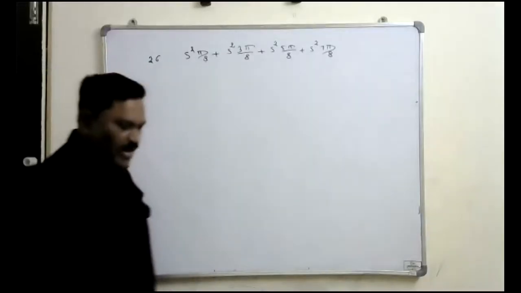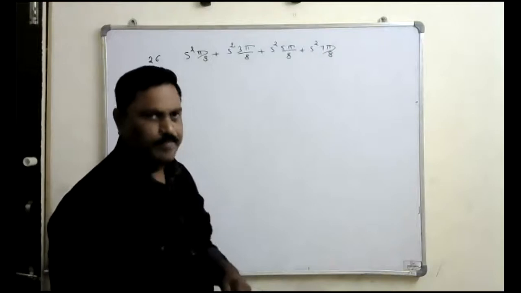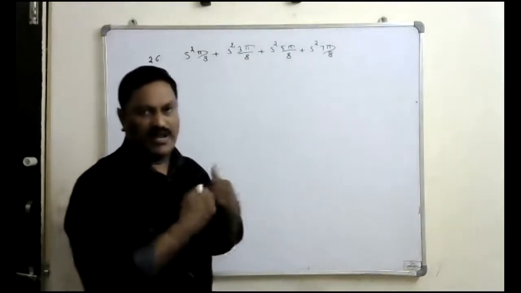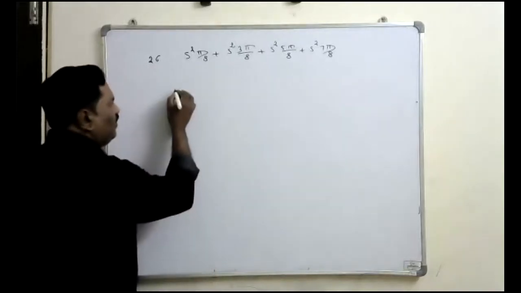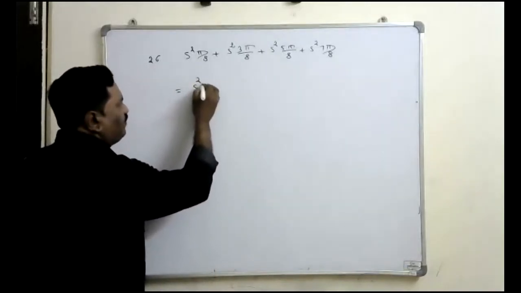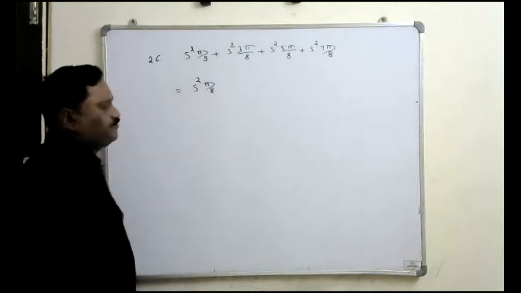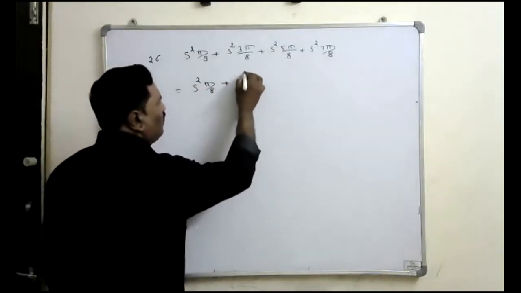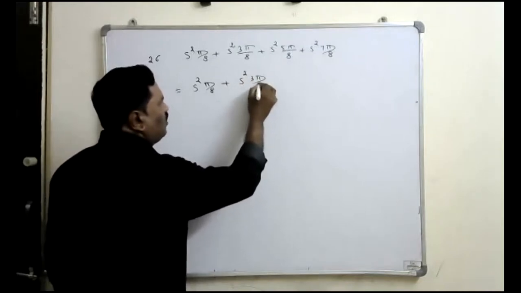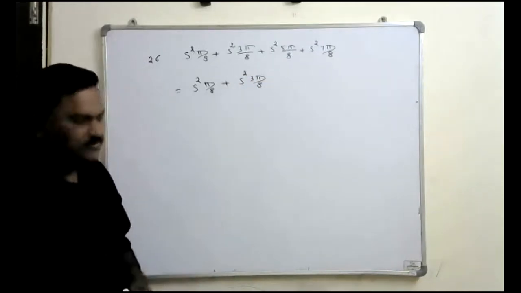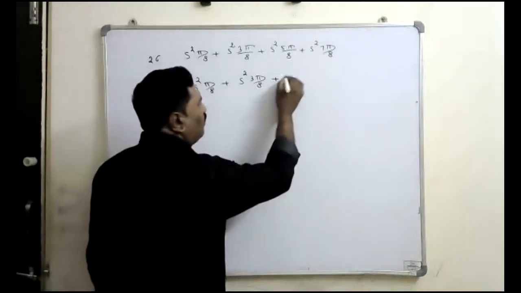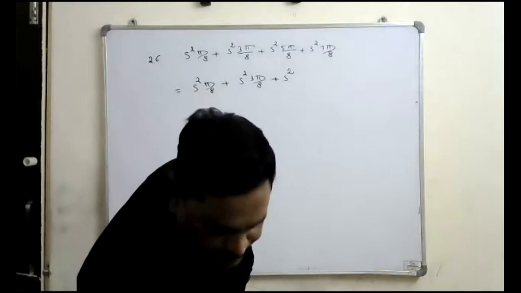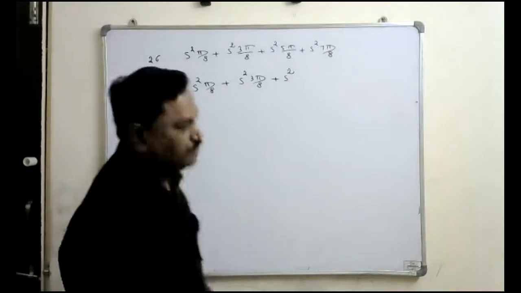To find its value, whenever you have different angles, try to express the bigger angle in terms of the smaller angle. For that, the first angle, sine square pi by 8, don't disturb it. Plus sine square 3 pi by 8, don't disturb this angle also. Plus sine square 5 pi by 8, disturb it. How do you disturb it? Just observe this.